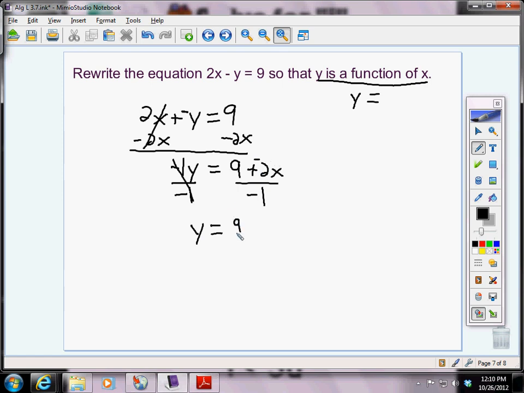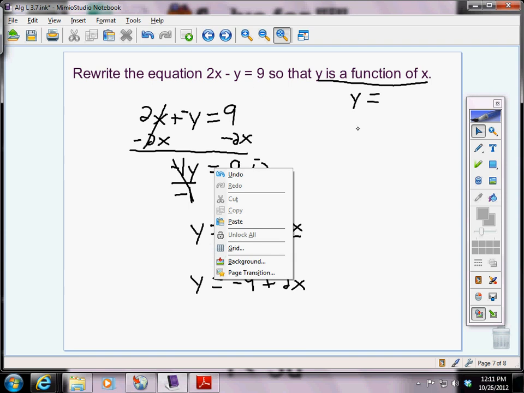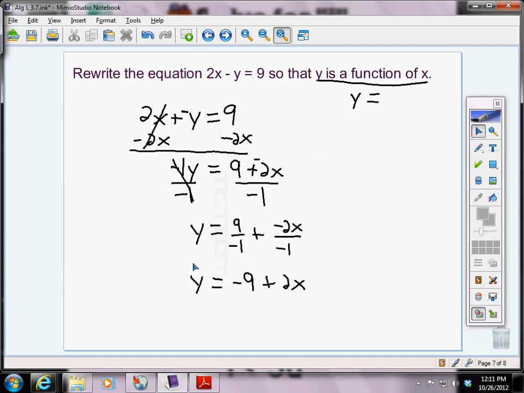So I have to take 9 and divide it by negative 1, but I also have to take a negative 2x and divide it by negative 1. The whole thing is divided by negative 1. So this becomes y equals negative 9 plus a positive 2x. Or again, you could write 2x plus a negative 9 or 2x minus 9. But we keep in mind our ultimate goal was to get y by itself, and that's what we did.